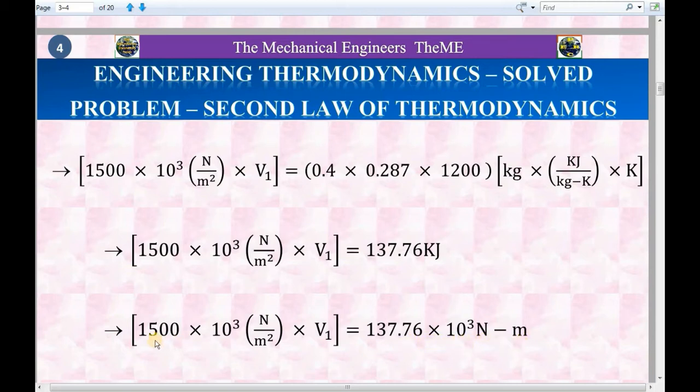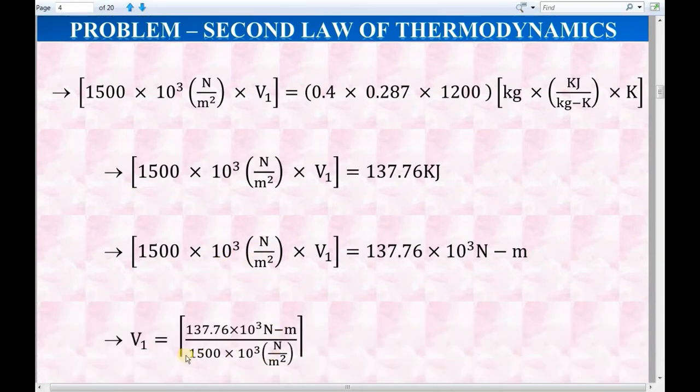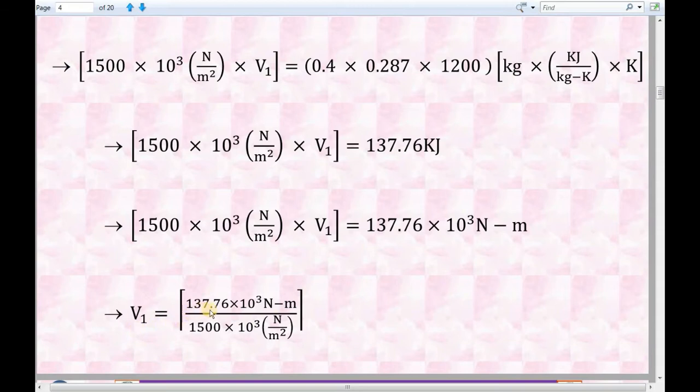Now bring this 1500 into 10 power 3 Newton per meter square to the denominator of RHS. We get V1 is equal to 137.76 into 10 power 3 Newton meter divided by 1500 into 10 power 3 Newton per meter square. In this RHS, split the numerical terms and SI units.